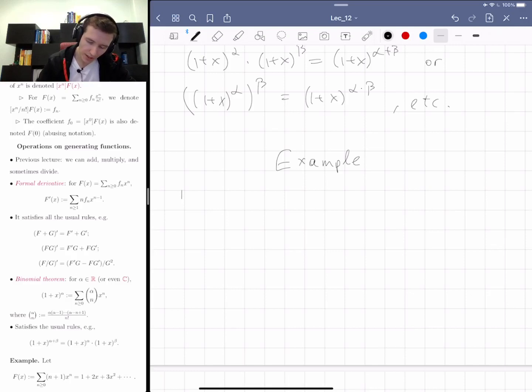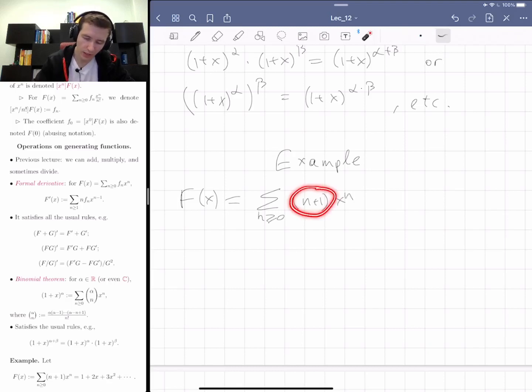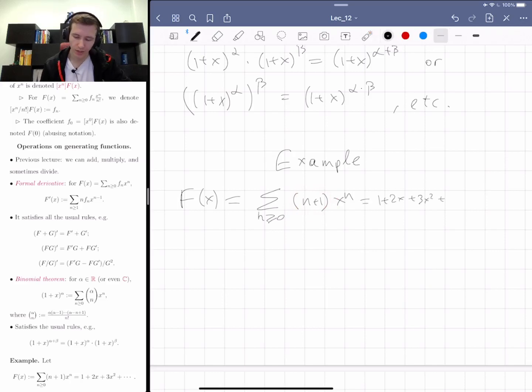So here's an example. I want to take the formal power series, which is just a sequence. I want to take the sequence 1, 2, 3, 4, 5, etc. 1 plus 2x plus 3x squared plus etc. For the rest of this lecture, I'm just going to take some nice sequences and then see what I can say about the generating function.